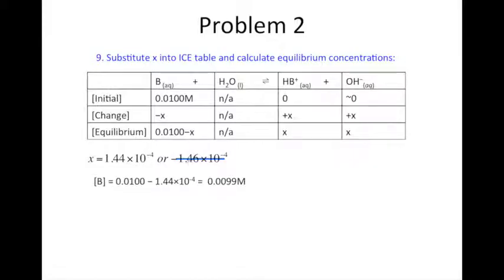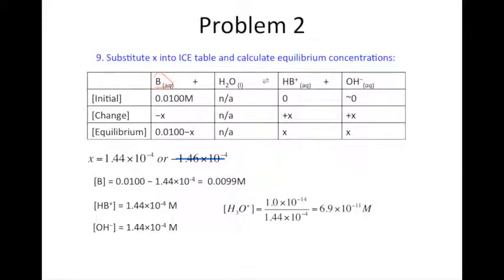So now we can use x to solve for our equilibrium concentrations. So 0.01 minus x gives us the equilibrium concentration of our morpholine, our base. Our HB plus would be equal to x, and our OH minus would be equal to x.